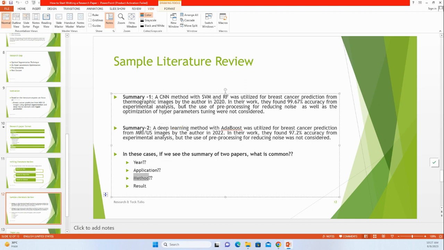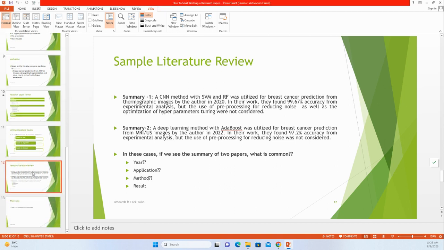Method: they have applied segmentation with feature extraction and classification. So this one is common, and the result is different. So we can categorize based on the method, and write it based on the methodology.